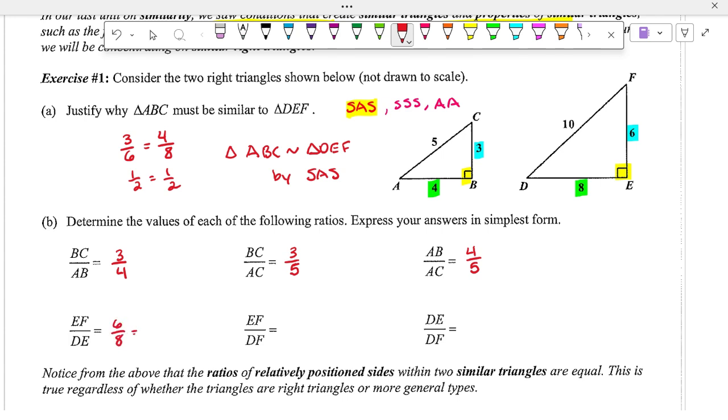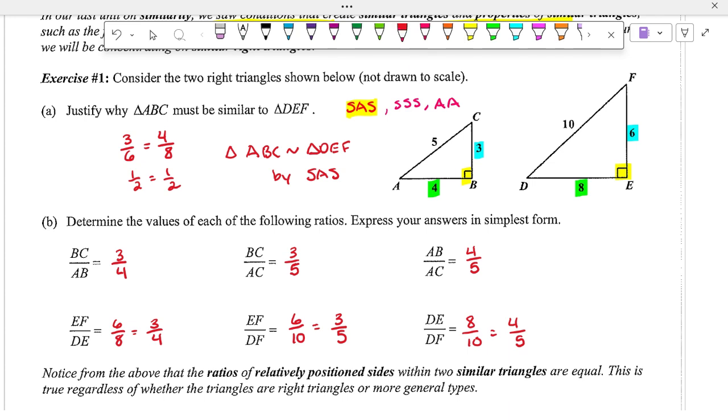6/8, which simplifies to 3/4. EF over DF. 6/10, which simplifies down to what? 3/5. And then DE over DF, which simplifies down to... All right.